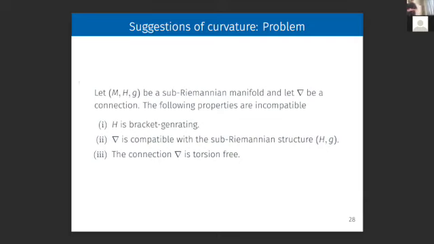So you cannot have a connection that is compatible with your sub-Riemannian structure, that is torsion free, and where H is bracket generating. This is impossible. So we have no torsion-free compatible connections in the general case. So we need to find some other source for the idea of what curvature will mean.